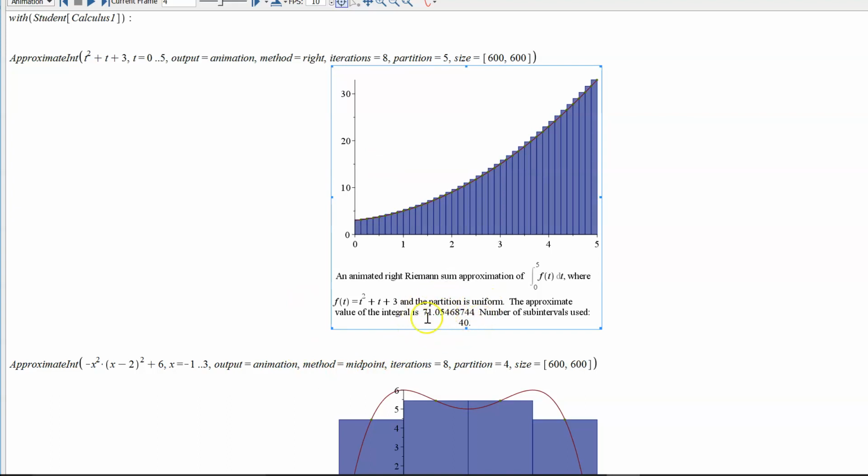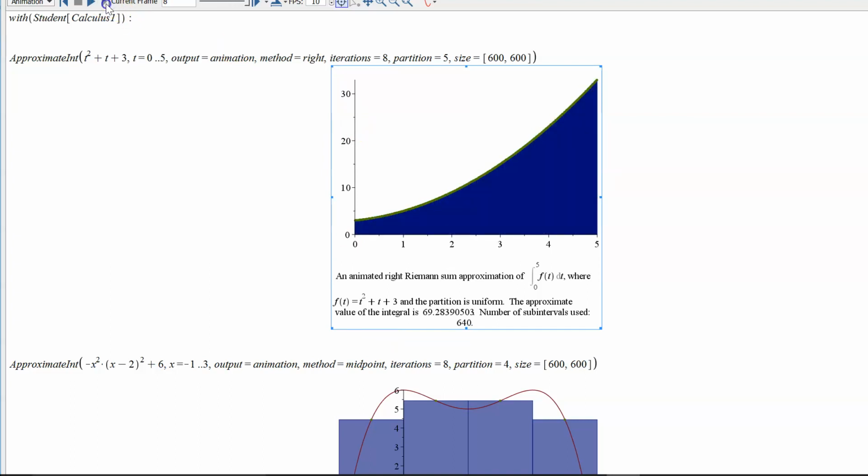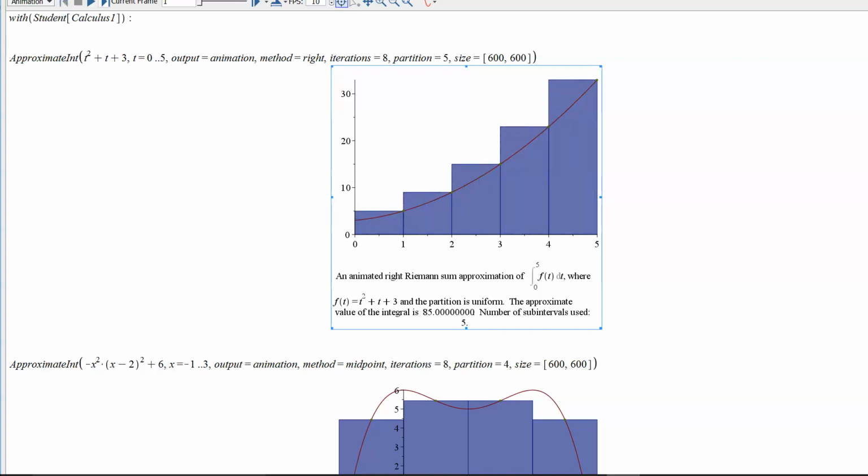This number is getting closer and closer to the exact value, which I think is 69.3, or 69 1/3, I think, is what this integral comes out to, but it's more about the limiting process.